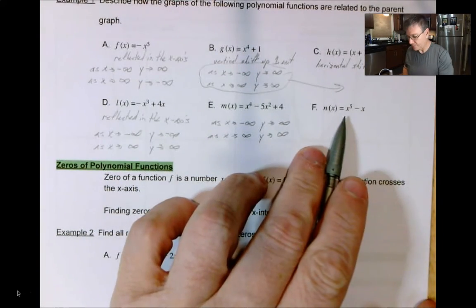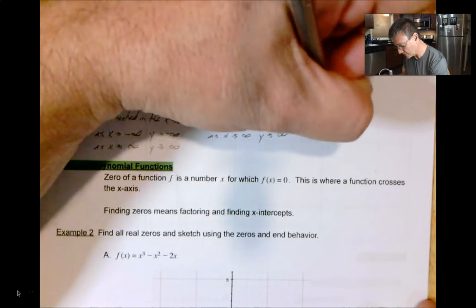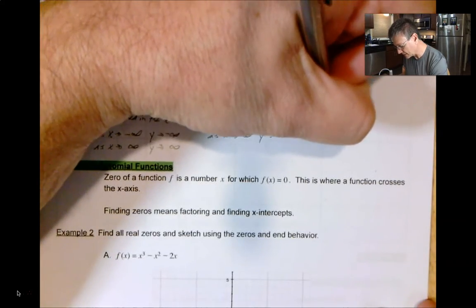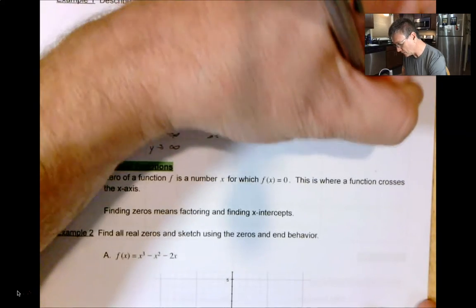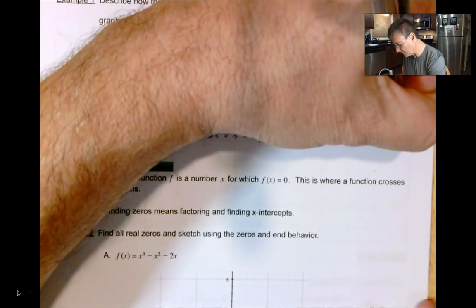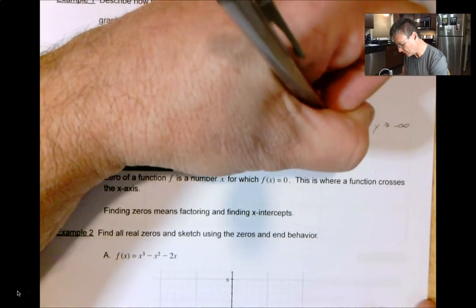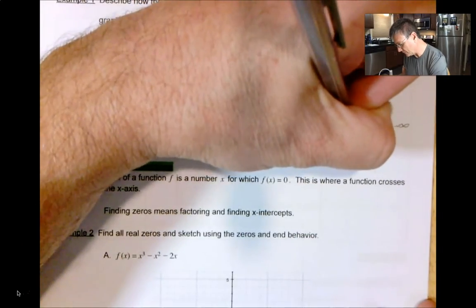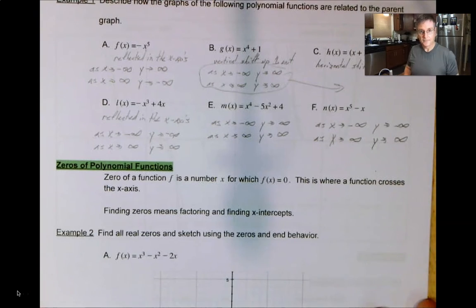And part F, odd function, no reflection, no shifting, as x goes to negative infinity, y goes to negative infinity. As x goes to positive infinity, y goes to positive infinity.